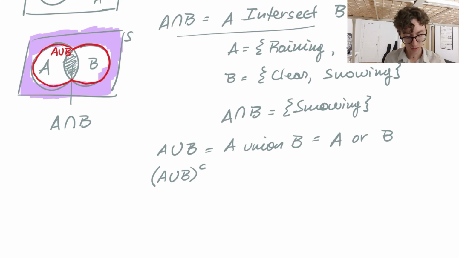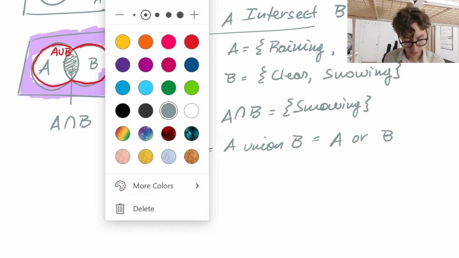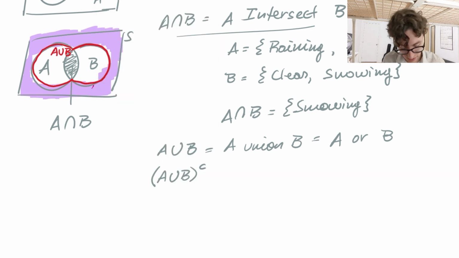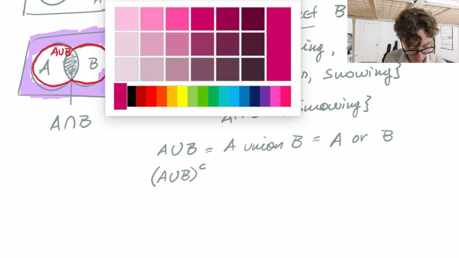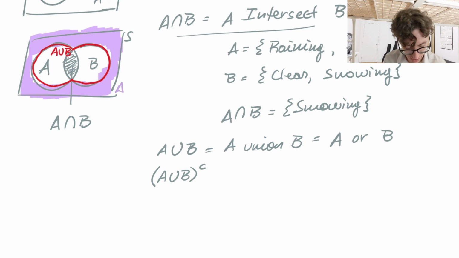Let's choose a new color to match our purple. That was not a good color, that looks like our red. This is hard. Here we have some purple. It's A union B complement. Great.